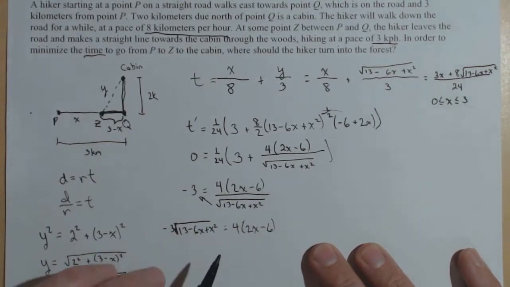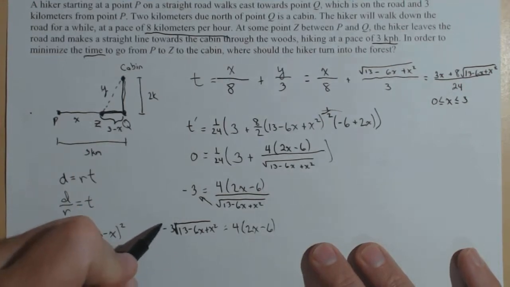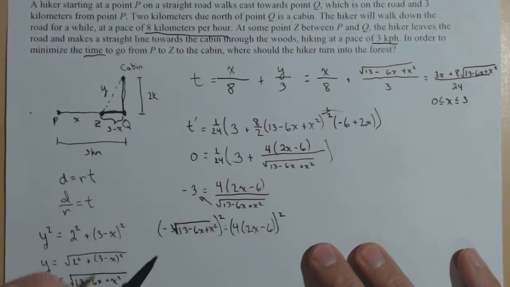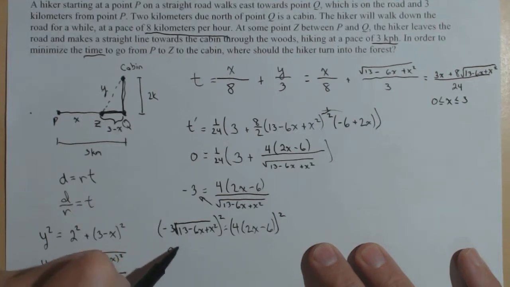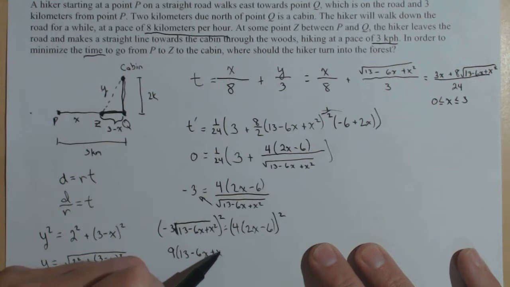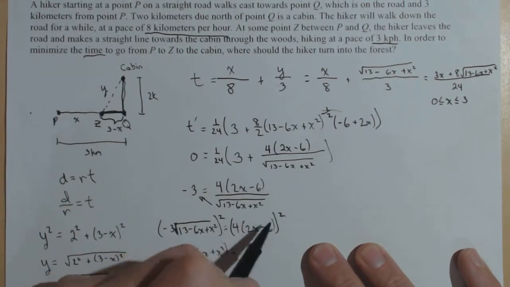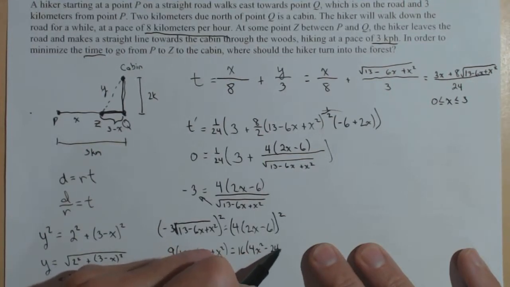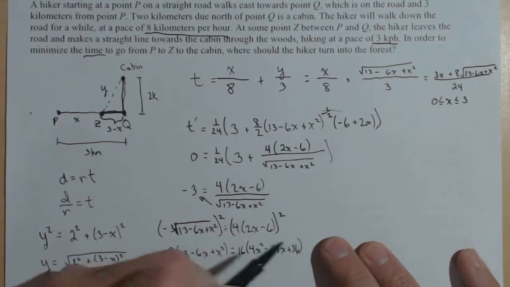If you want to distribute that 4, that's fine. It's not going to change our final answer. Now I'm going to square both sides to get rid of this radical. Remember, that means you have to square everything. So negative 3 squared is 9 times 13 minus 6x plus x squared, and on the other side, again, everything gets squared: 16 times 4x squared minus 24x plus 36.